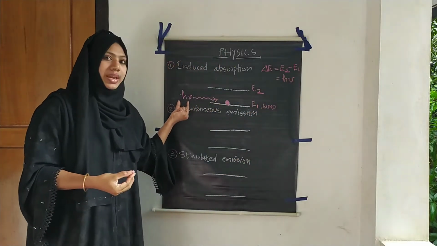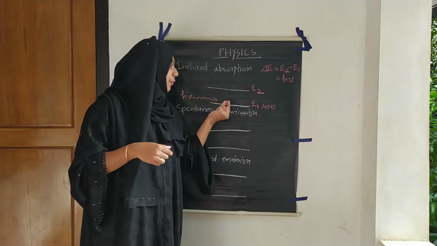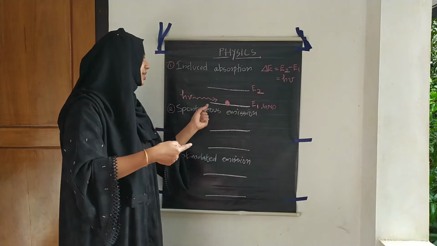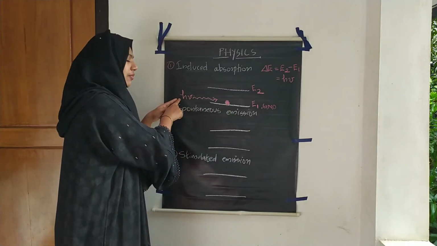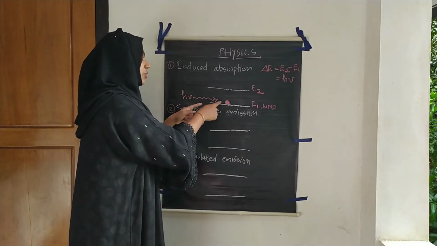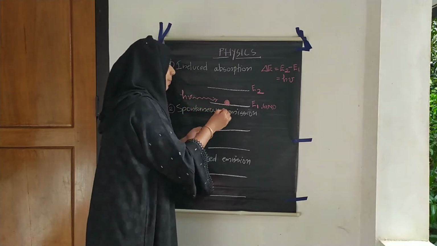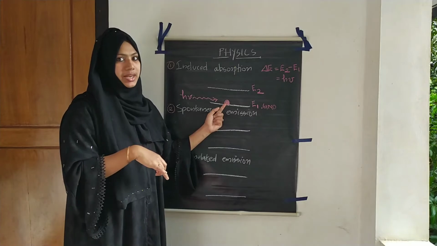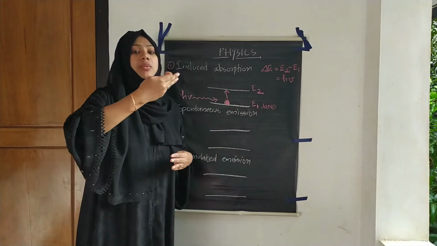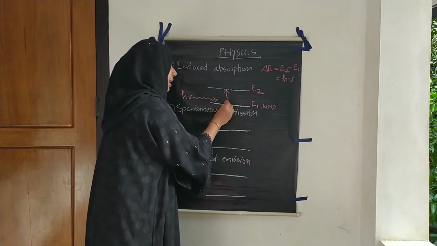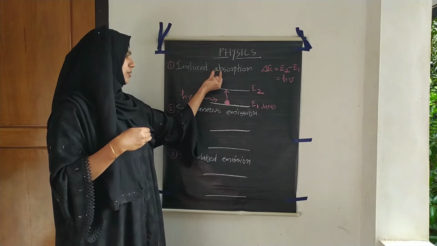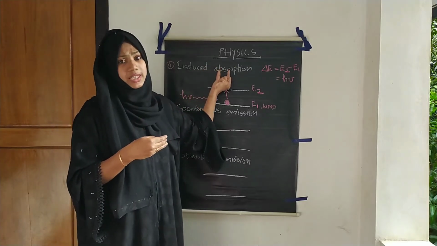That is, h nu energy should be obtained for an atom in its ground level to be excited to the higher energy level. So externally we are providing a photon of energy h nu, and the moment the atom absorbs that energy, it jumps to the excited state. That is why it is called absorption.